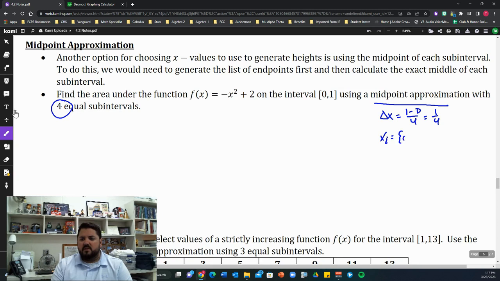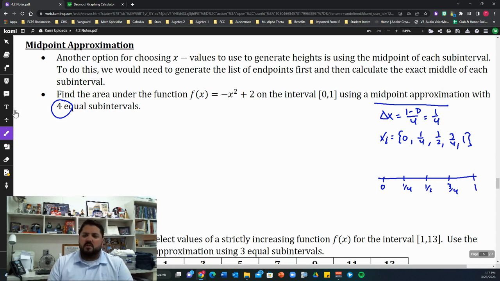That would start at 0, and then 1/4, 2/4 is 1/2, 3/4, and then 1. Or if you think about it on a number line, we're going to go from 0 to 1/4 to 1/2 to 3/4, and then to 1. So what we're going to do essentially, instead of picking the left or right for each one of these subintervals, is go right in the center of each of these.